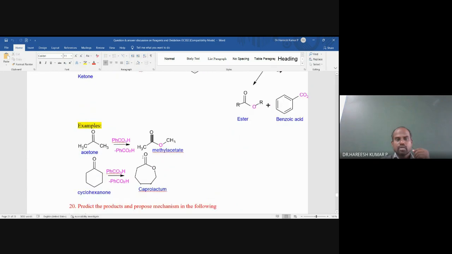So these are the two examples. You can observe that cyclohexanone is converted into caprolactam. And acetone is converted into methyl acetate. This is methyl acetate.